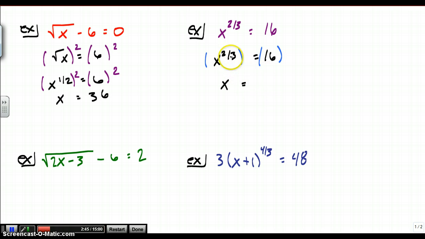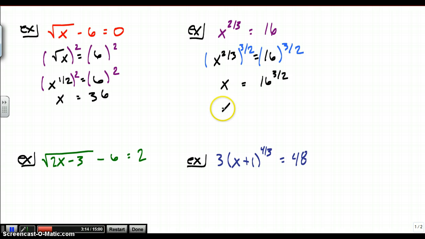Well, the only way that's going to happen when I multiply exponents is if I have 2/3 times something that gives me 1. The only way that's possible is I multiply by the reciprocal. So I'm going to raise both sides to the 3/2 power, because 2/3 times 3/2 gives me 1. So this becomes x. This becomes 16 to the 3/2 power.